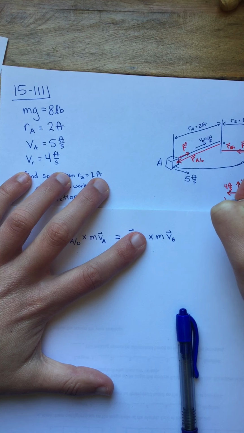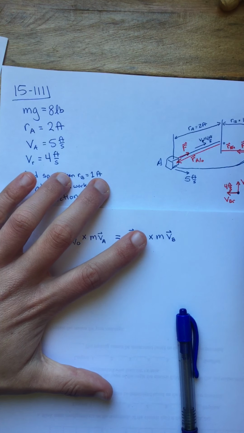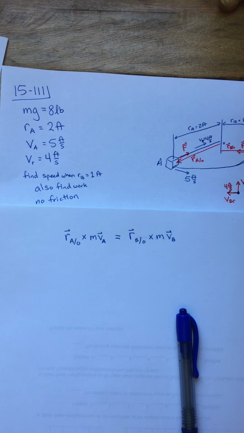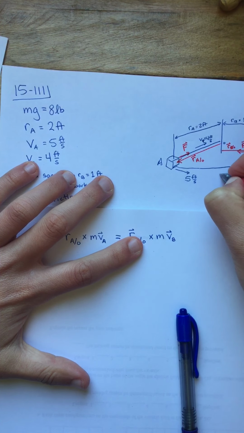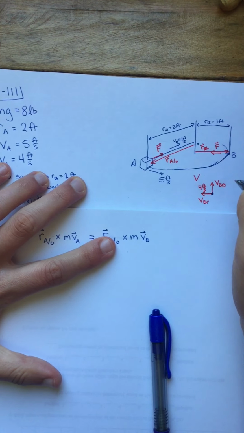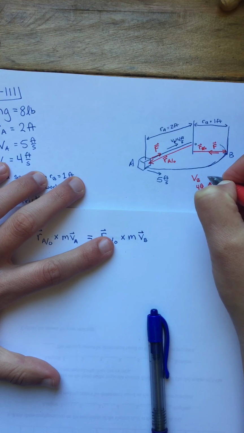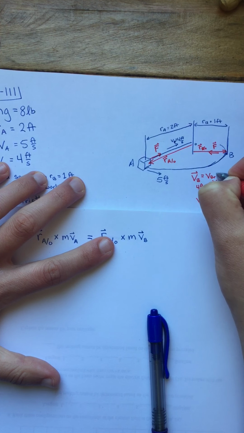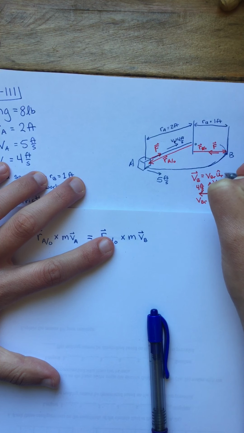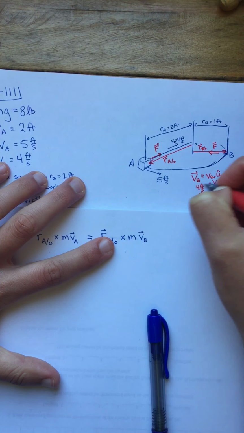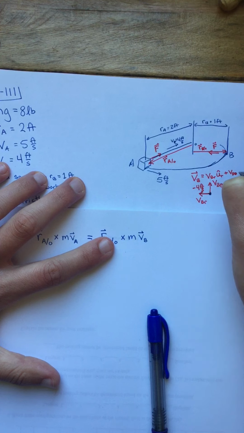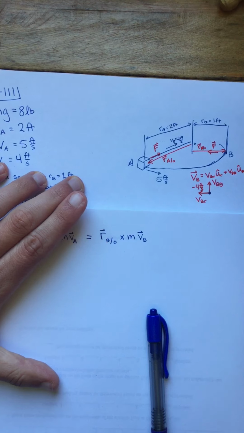This is the radial component. It's pointing inward, so the radial component would be negative. So we can write the velocity at point B is equal to the radial component, and remember V_BR is negative, plus V_B theta, maybe I should call this -4, V_B theta in the transverse direction.